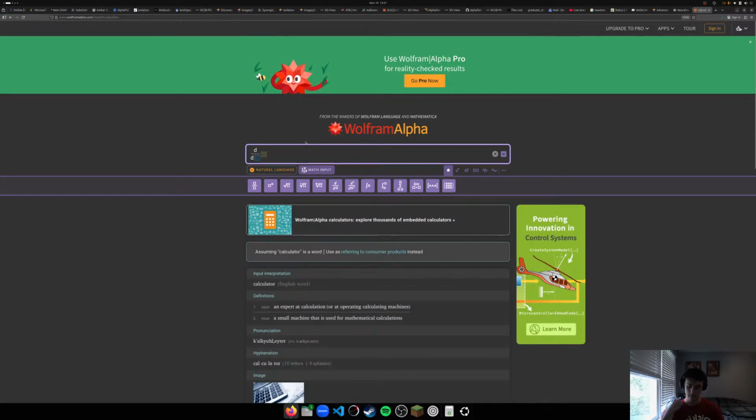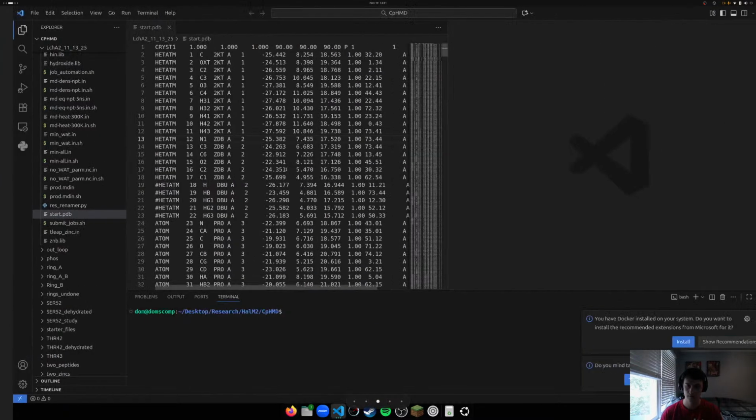So we can do x, 1 over 1 minus e to the negative x.